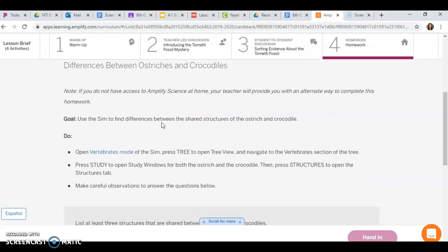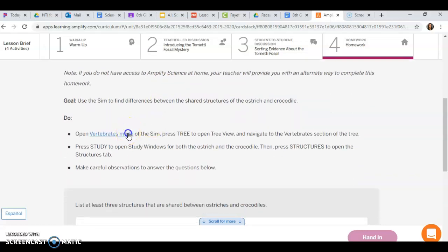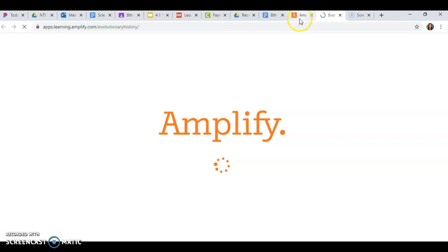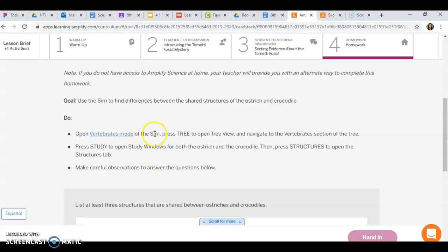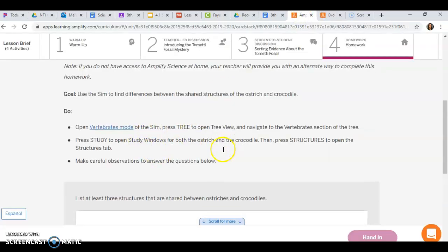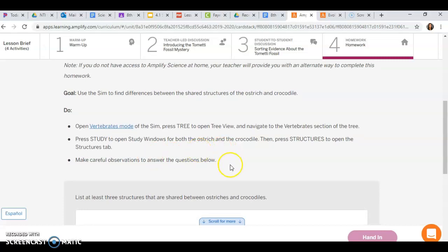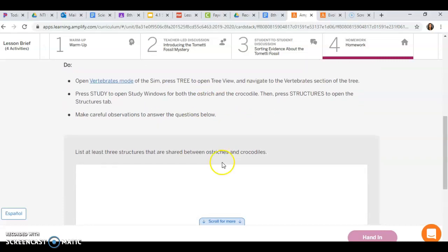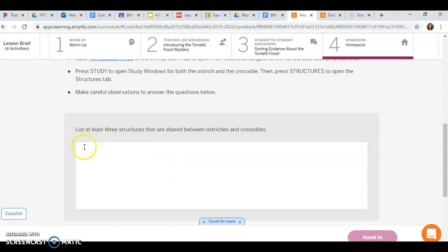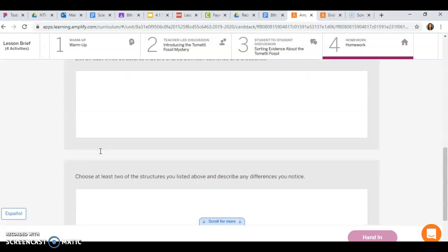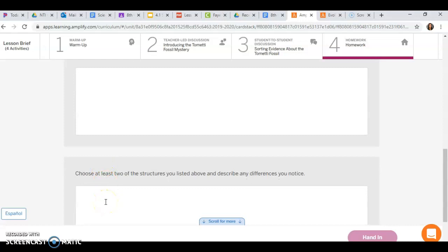You're going to be using the simulation to do this, so clicking on that. And while that loads, you're going into vertebrates mode and you're comparing the structures of the crocodile and the ostrich. What you're going to see down here is you're going to list 3 structures that they share. And then you're going to pick 2 of those structures and talk about any differences you notice.